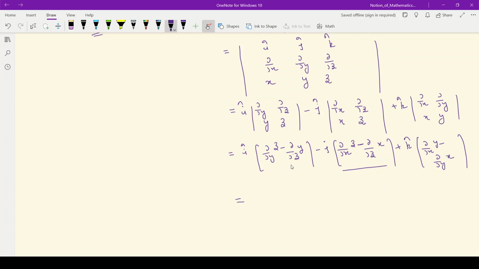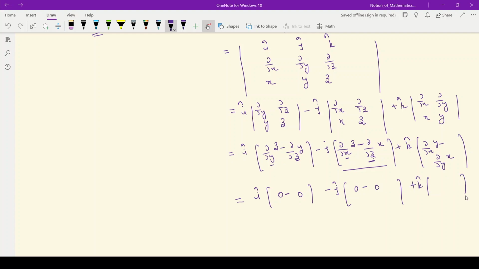And as per the definition or concept of partial derivative, all of us know that with respect to y, partial differentiation of z is 0, minus with respect to z, partial differentiation of y is 0, minus j cap. Partial derivative with respect to x of z is 0, minus partial derivative with respect to z of x is 0, plus k cap.